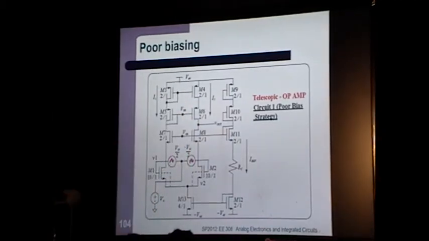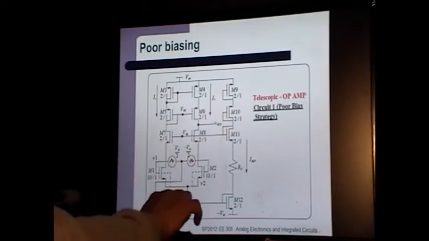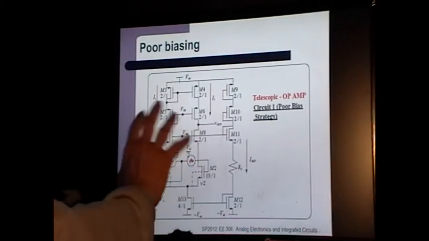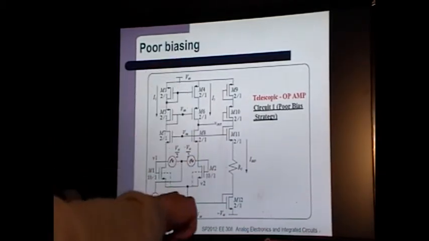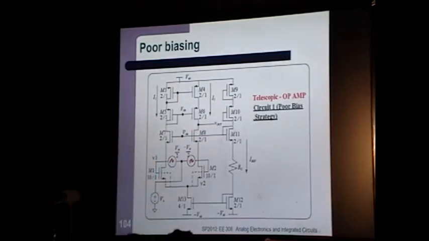So that is cascoded. I don't see any amplifiers, so I know it's not gain boosted. Then I have this tail current source down here to make the differential pair type thing work. So this is a telescopic op-amp.